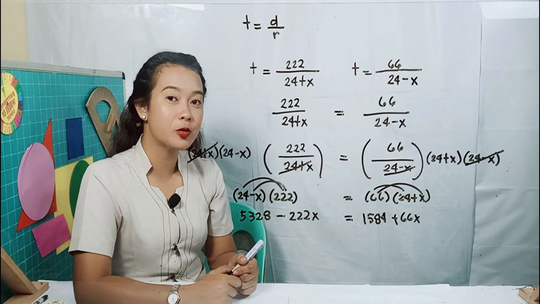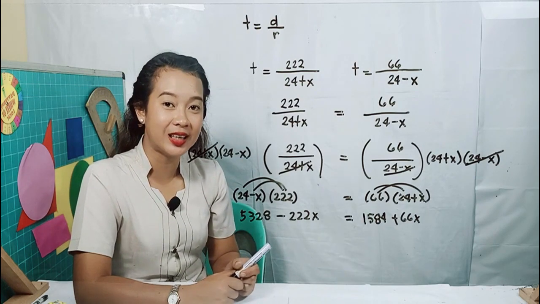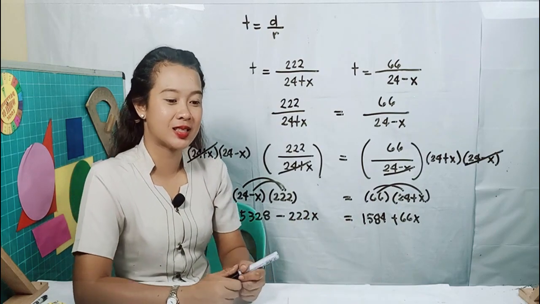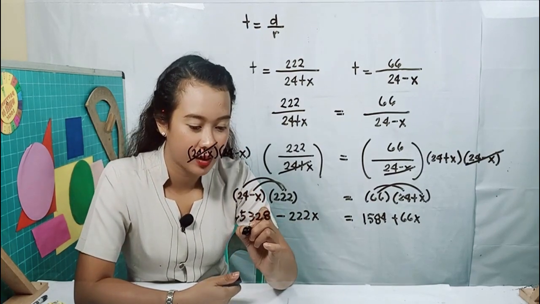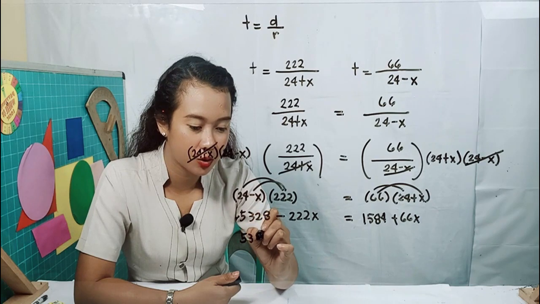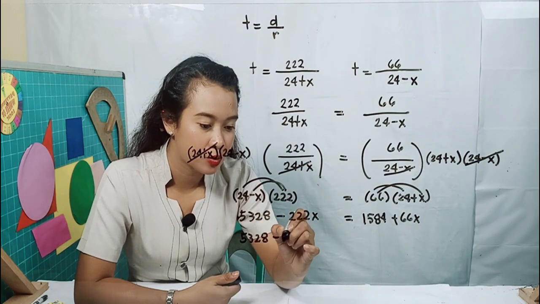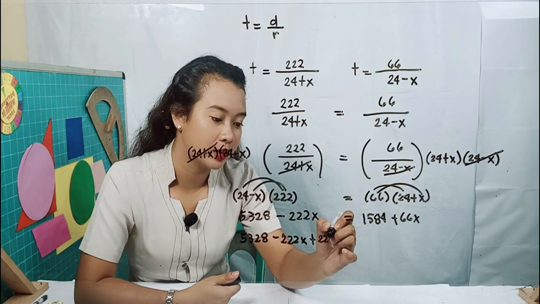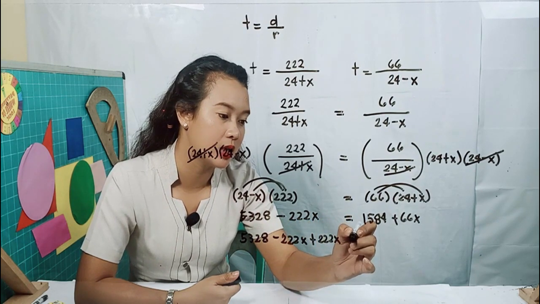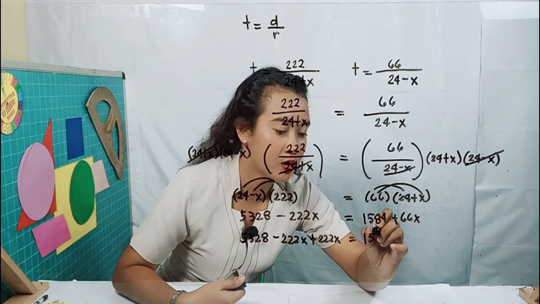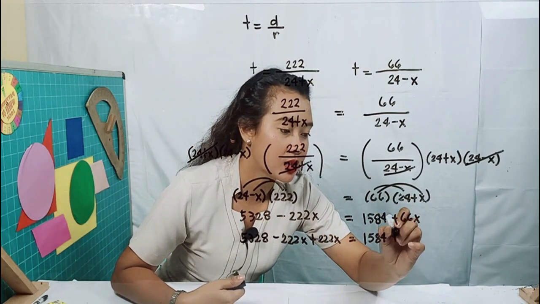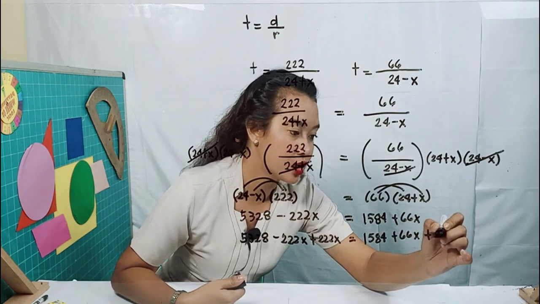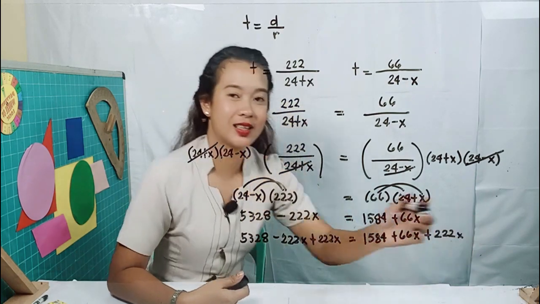Let's simplify using the addition property of equality by adding 222x on both sides. 5,328 minus 222x plus 222x equals 1,584 plus 66x plus 222x.